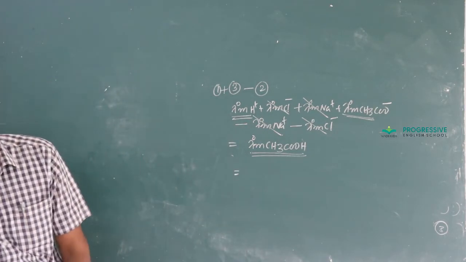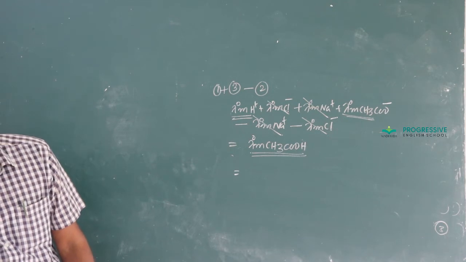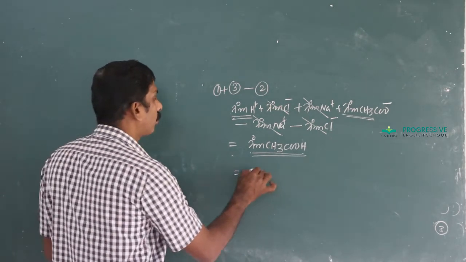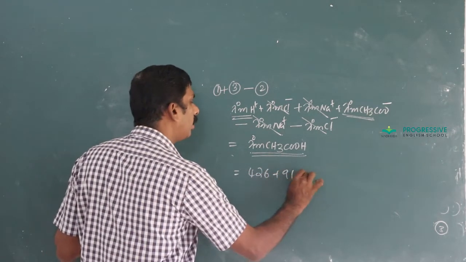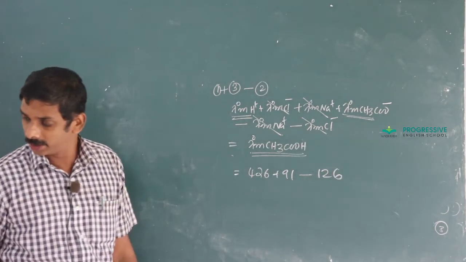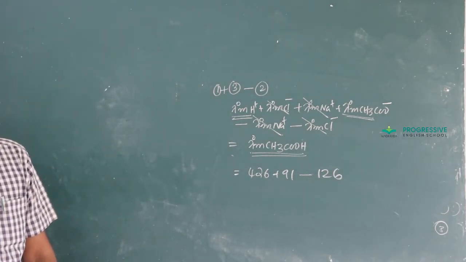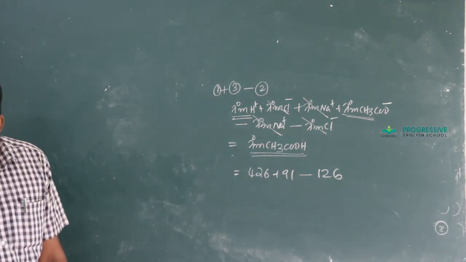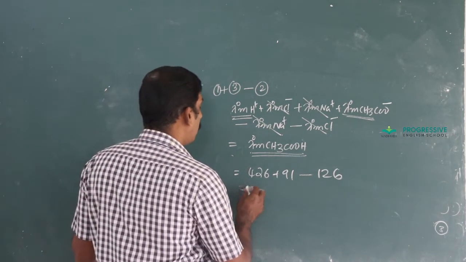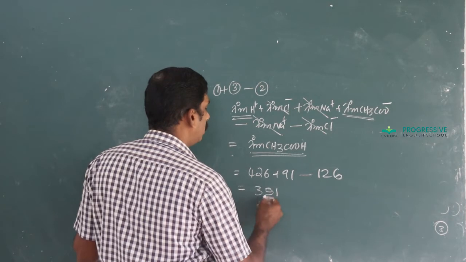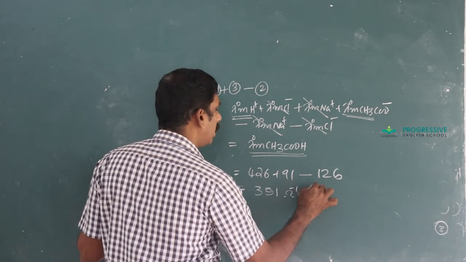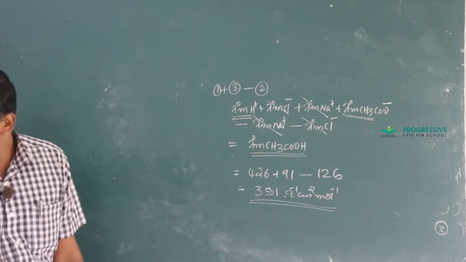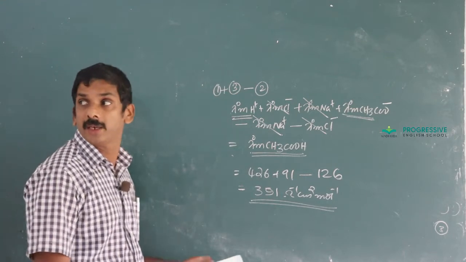For the first one, what are the values? 426 plus 91 minus 126, isn't it? 426 plus 91 minus 126, that is equal to 391 ohm inverse centimeter square mole inverse, which is the lambda 0m value of ethanoic acid or acetic acid.